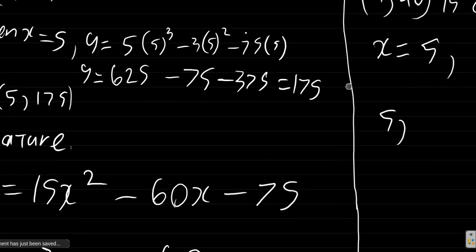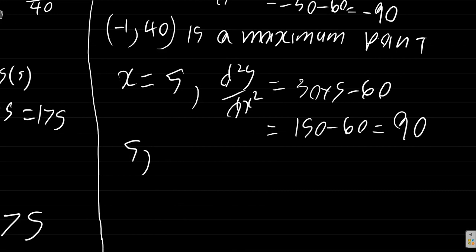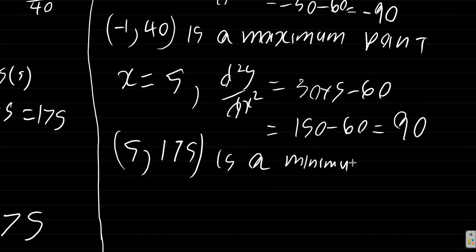So the point 5, 175 is, since it's positive, a minimum point, since 90 is positive. So 175 is a minimum point.